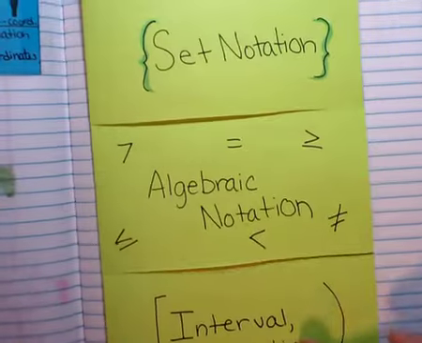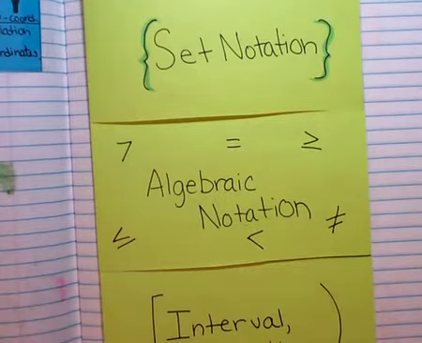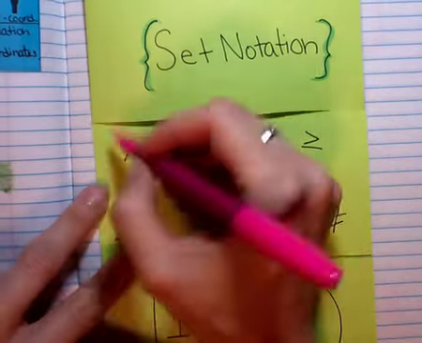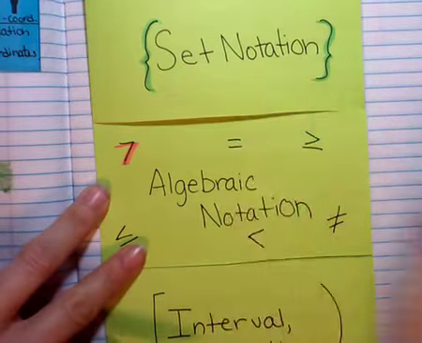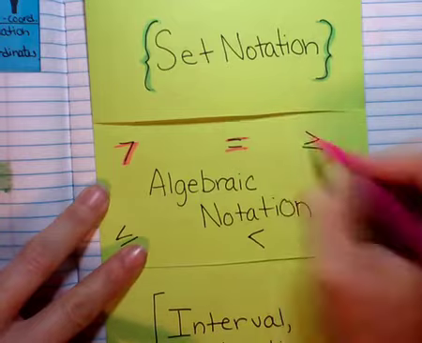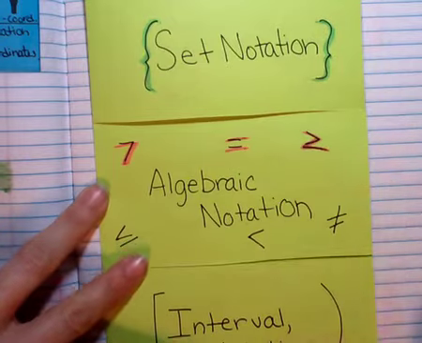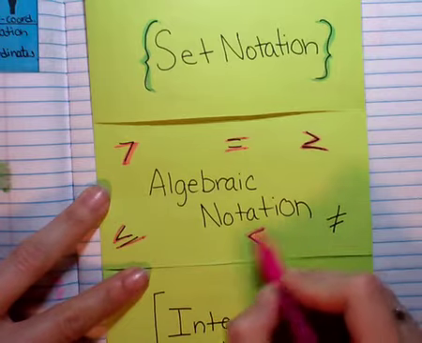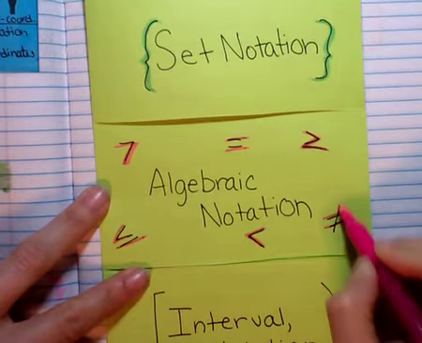We can also describe domain and range algebraically, and we would use all of our inequality and equality symbols. So for example, our greater than symbol, equals, greater than or equal to, less than or equal to, less than, or not equal to.